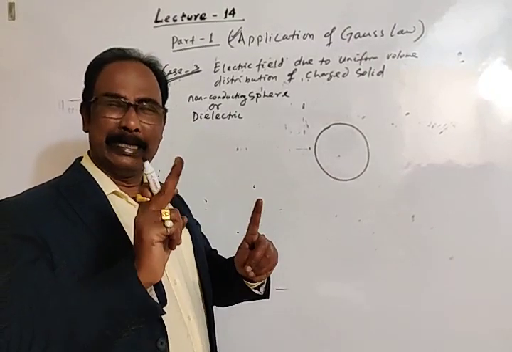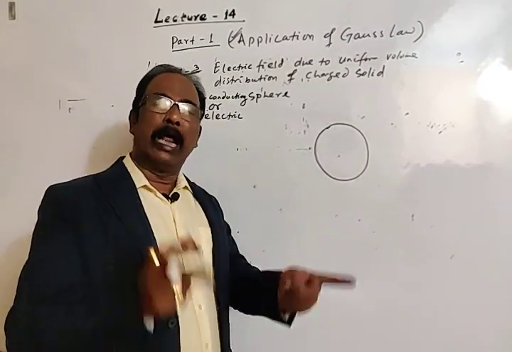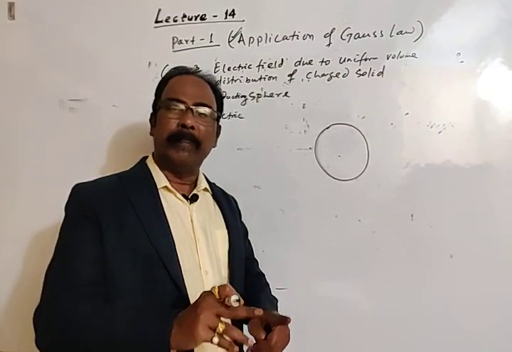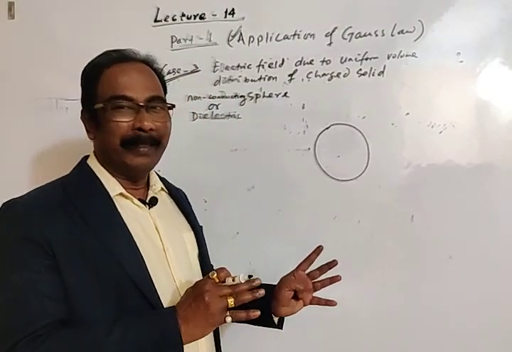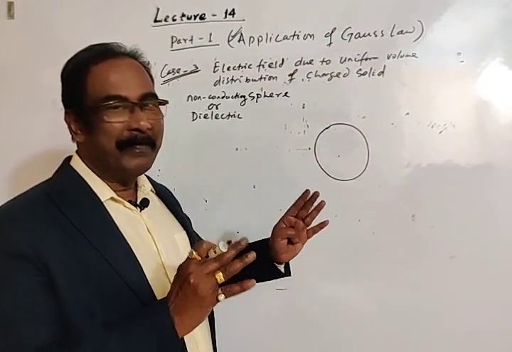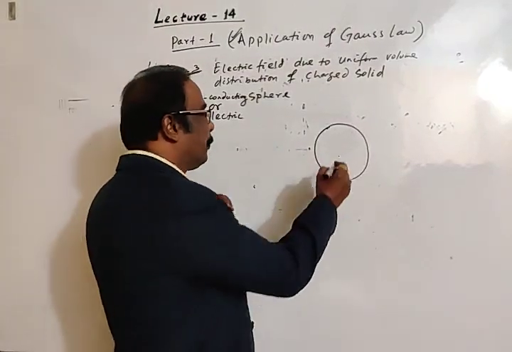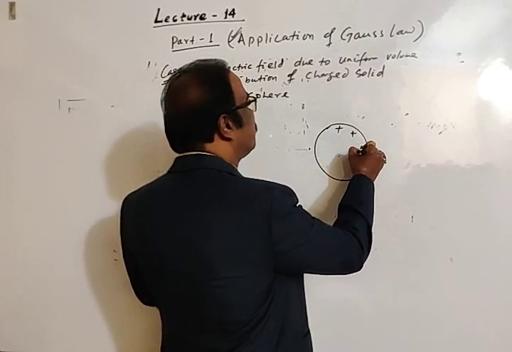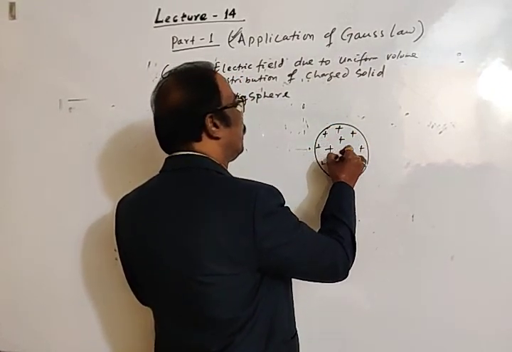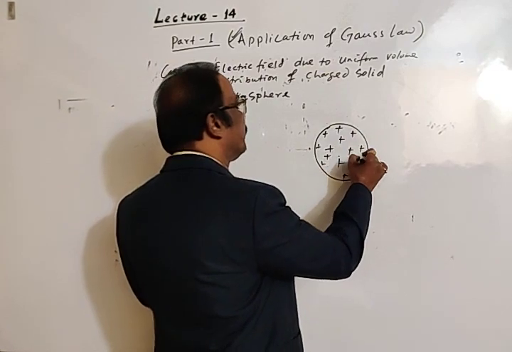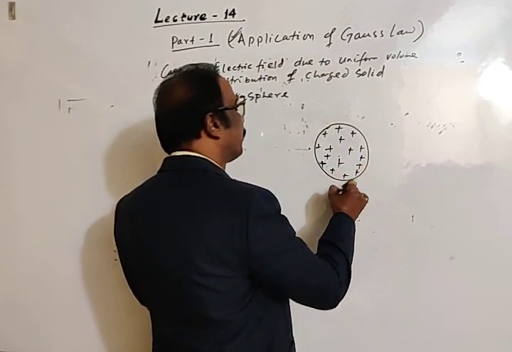So since this is an insulating or non-conducting sphere, there may be charge inside it. And we have assumed there is uniform volume distribution of charge. Here charge is distributed uniformly throughout the volume.